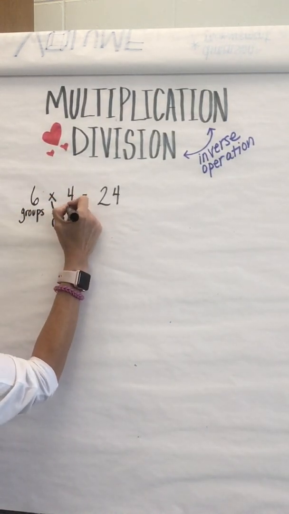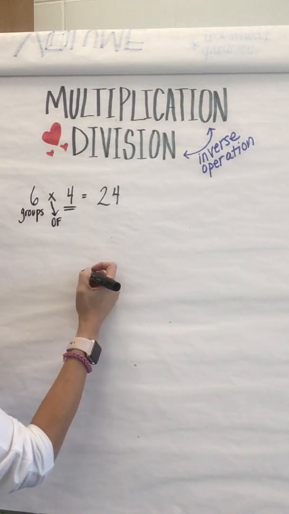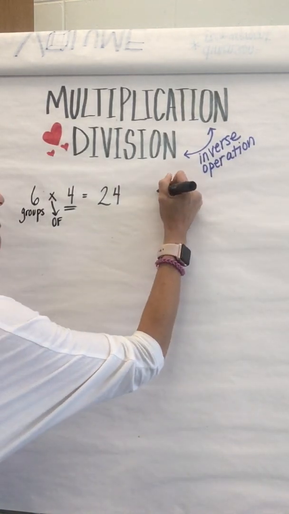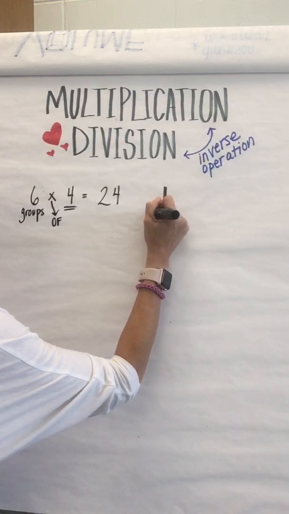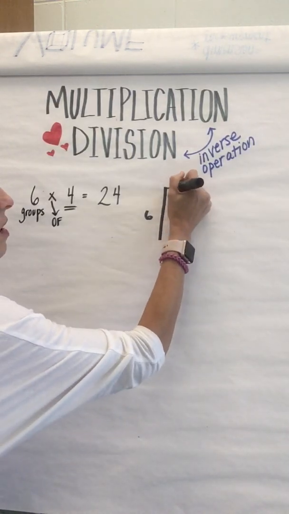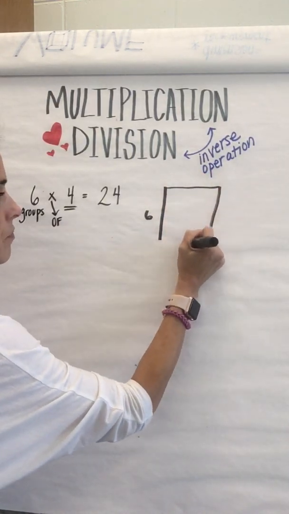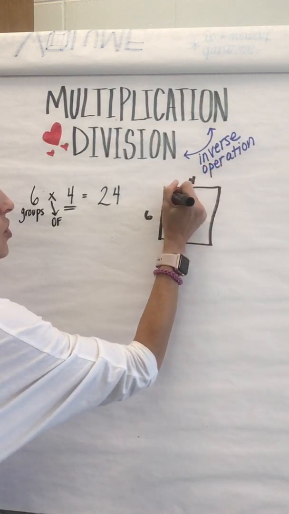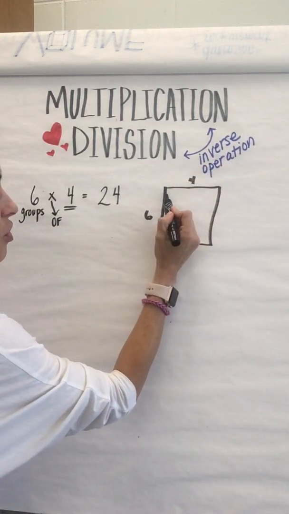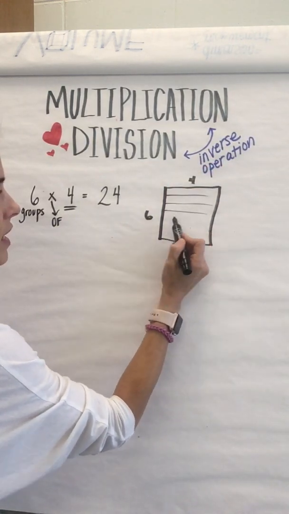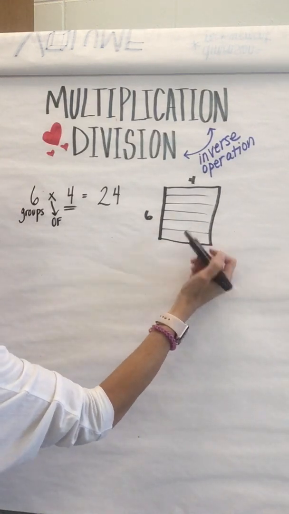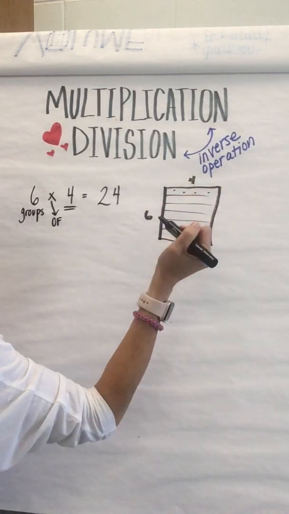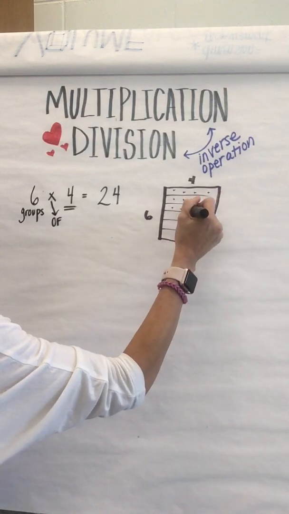Groups of 4. 6 groups of 4. So if I were to draw an area model for this, I would say I have 6 groups with 4 in each. If you even wanted to draw in there, 1, 2, 3, 4, I have 6 groups with 4 in each.